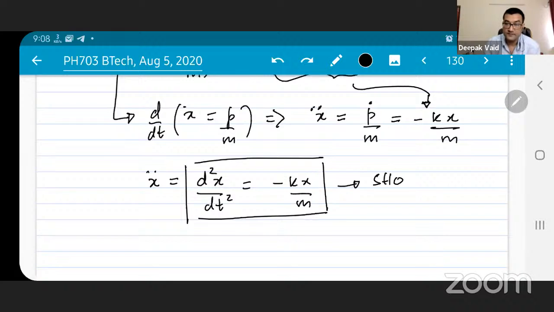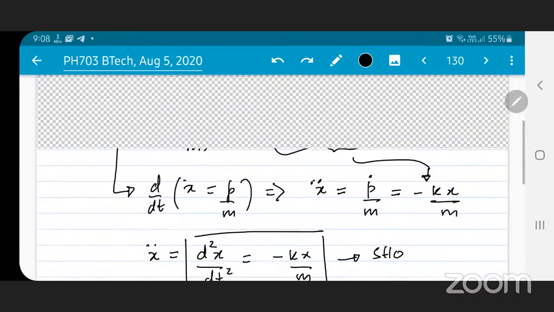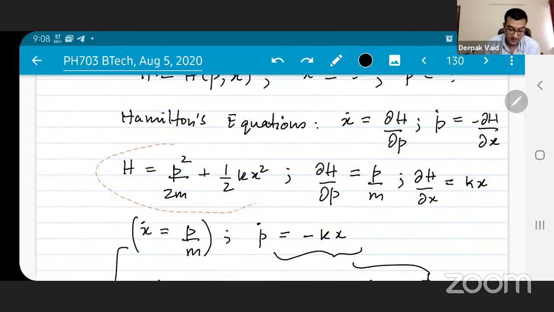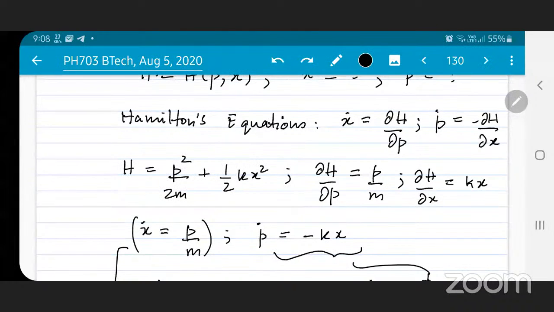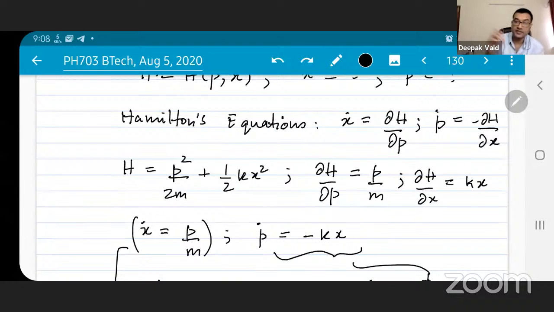Yes, sir. Okay. So this expression describes a mass which is connected to a spring, or any system which can be described in terms of Hooke's law, basically.